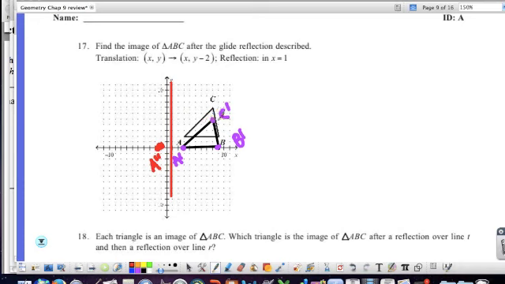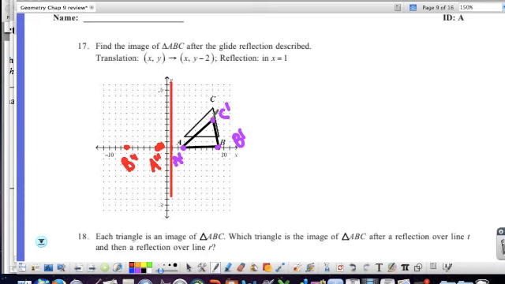Then I'll do B prime next. That's 2, 3, 4, 5, 6. That's 8 spaces. Oh, did I count that right? Yeah, 8 spaces to the right. So now 8 spaces to the left. 1, 2, 3, 4, 5, 6, 7, 8. So that's B double prime.